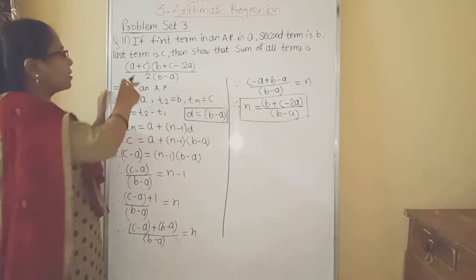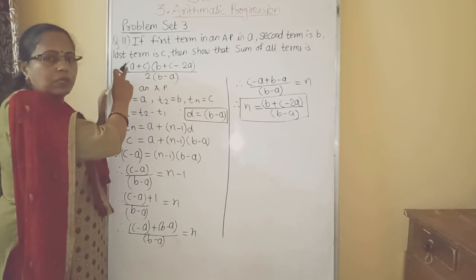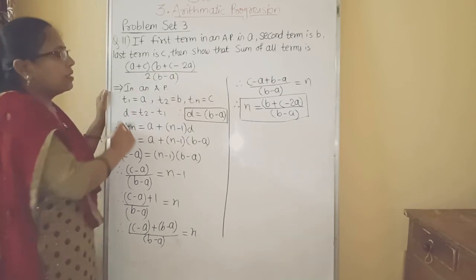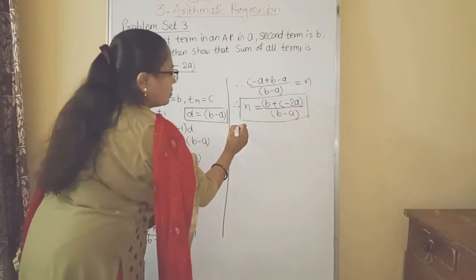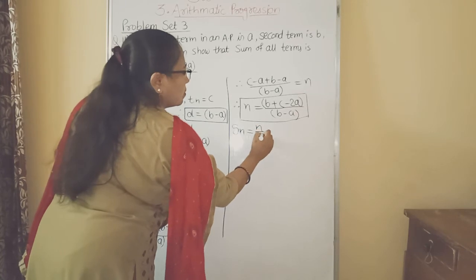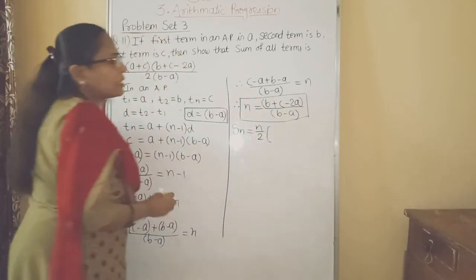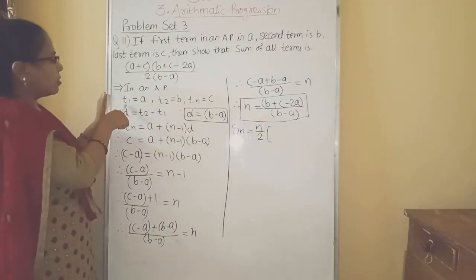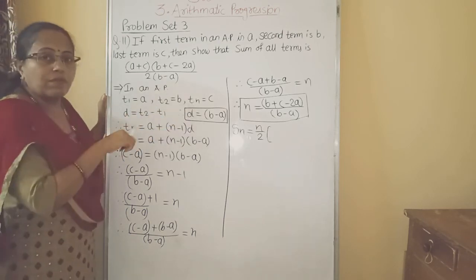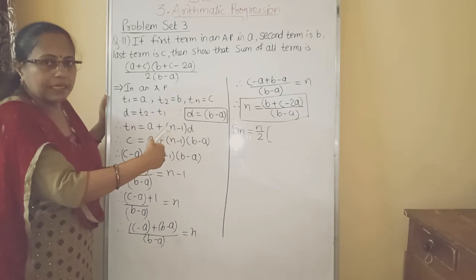Now we will go for this proof. We have to prove the sum of all terms, that means Sn equal to this. So we will use the Sn formula. See students, in this question we know the first term and we also know the last term, so we will use the second formula of Sn here.